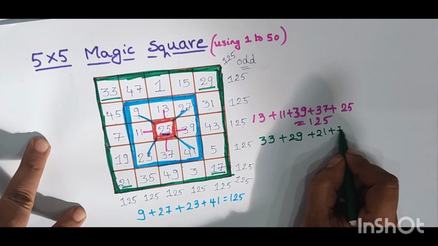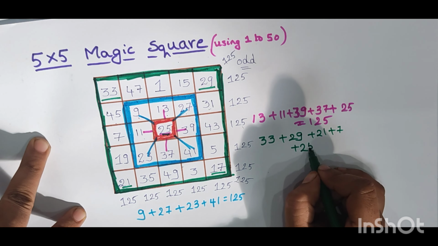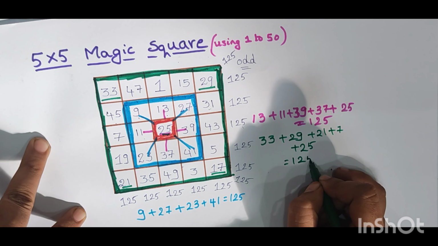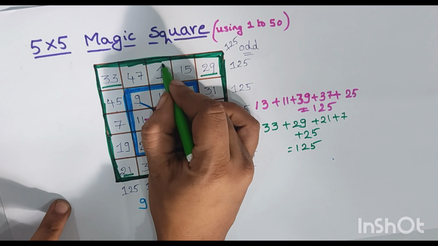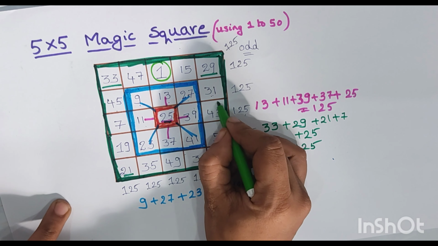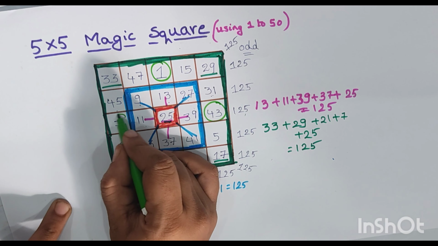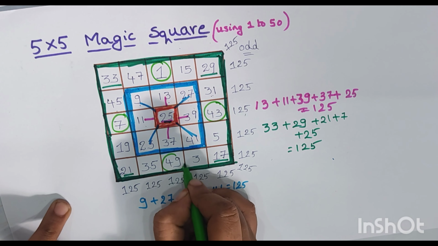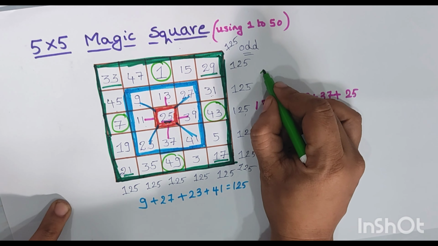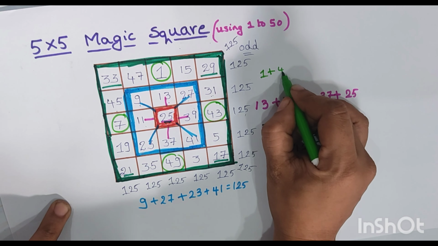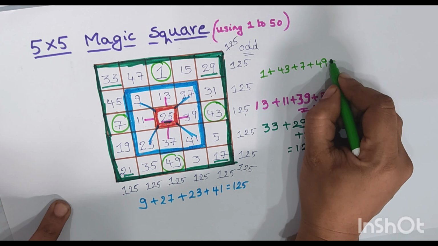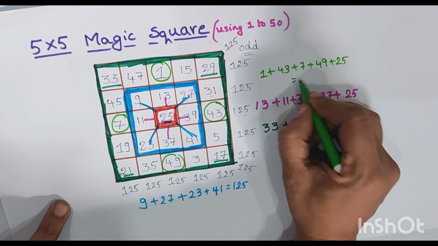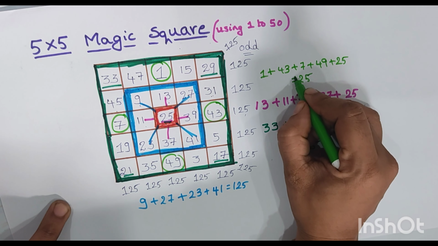We also get the sum 125. And next, if we calculate the center sides of the big square, that is 43, 7, 49 along with the extreme center 25, then the total will again be 125. Okay.